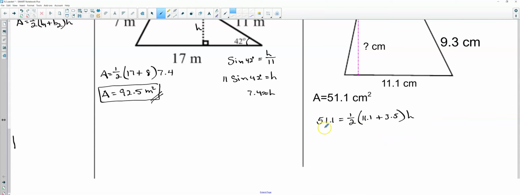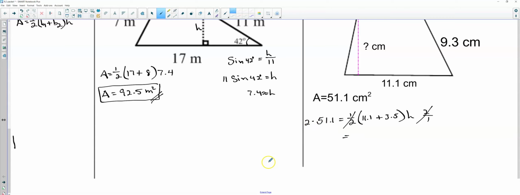So basically, if I take this 1/2 and multiply it by 2, because the inverse of that is 2, so multiply by 2 on both sides so that this cancels. So remember, you're taking the inverse of this, so multiply the whole thing times 2 over 1. See? Just flip it. So times 2. That will cancel this, and it will leave me with 11.1 plus 3.5 and 2 times 51.1.